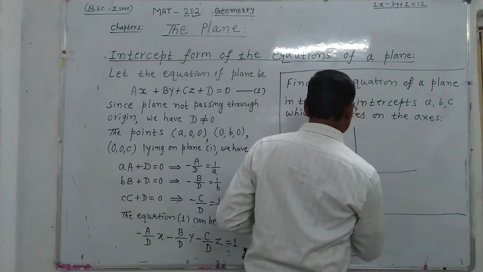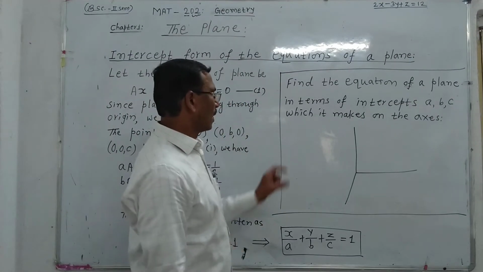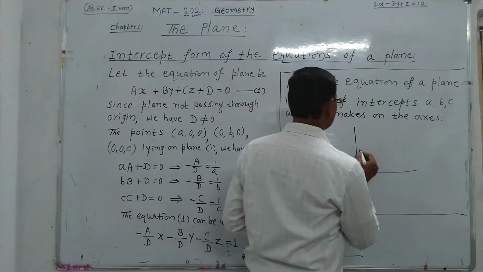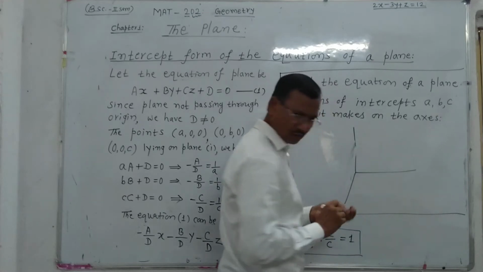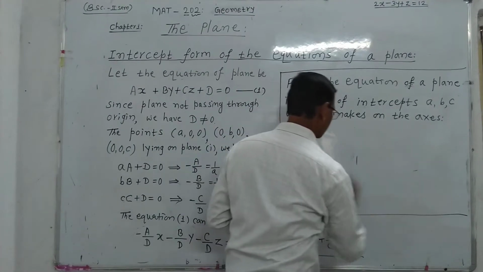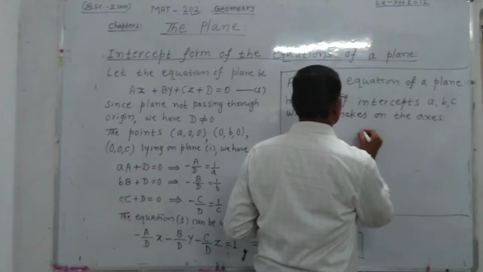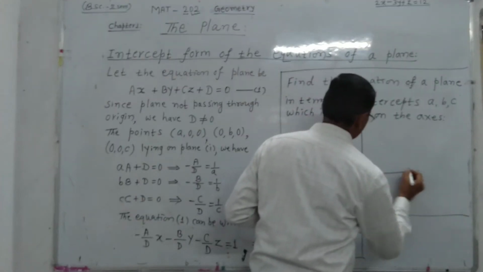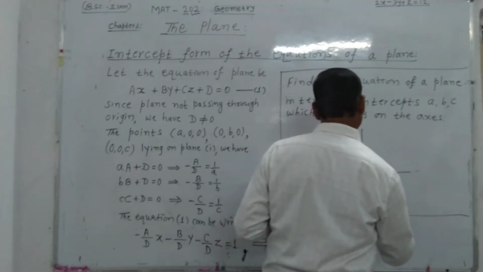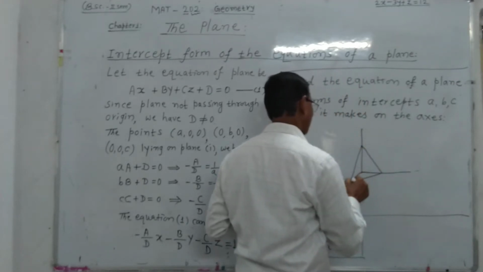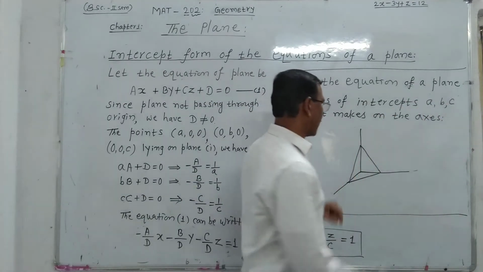Suppose this is the coordinate axis, and suppose this is one plane, which may intersect the coordinate axes at points A, B, C.